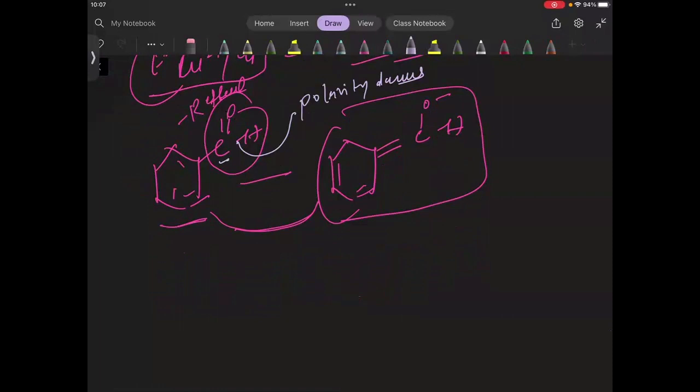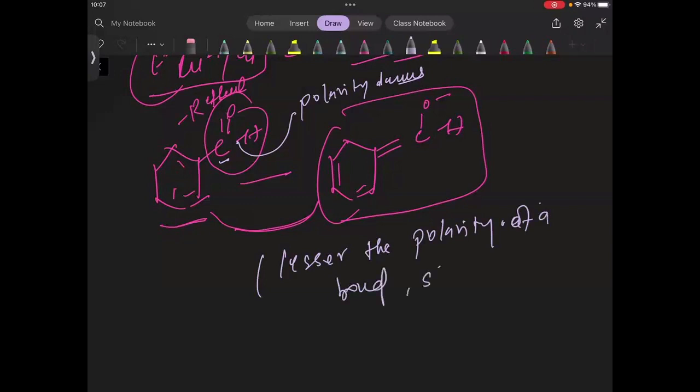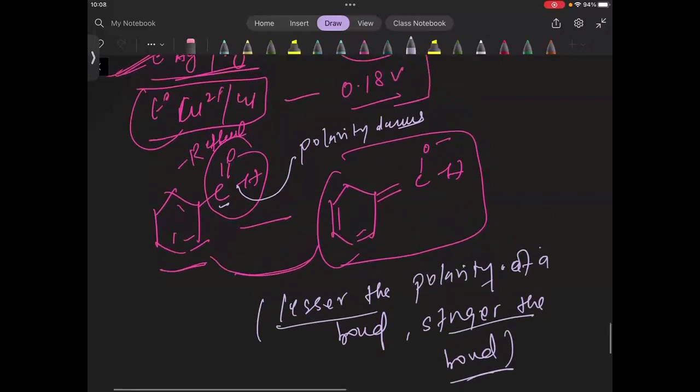So the electron density increases, and the C-H bond becomes stronger, because according to chemical bonding we have done that the lesser the polarity of a bond, the stronger the bond. Correct or not? Lesser the polarity of a bond means stronger the bond. Why will lesser polarity happen?